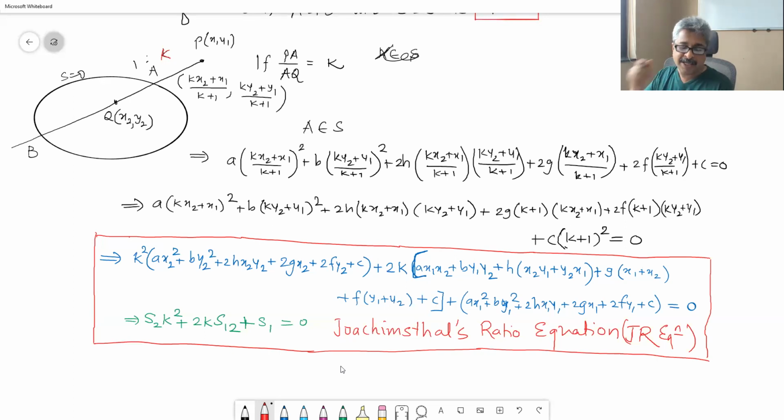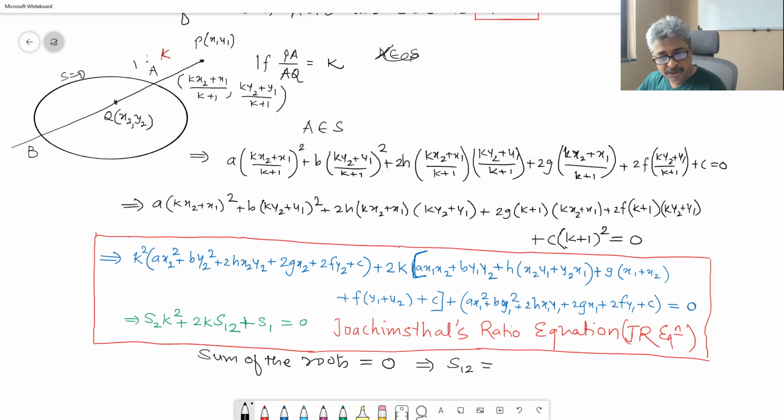However, now we are interested in a situation where Q gives k equal in magnitude but opposite in sign. So k1 and k2 are the roots of this equation, and we want k1 to be the opposite of k2. That means the sum of the roots should be equal to 0. Very good. If the sum of the roots is equal to 0, this implies S12 is equal to 0.